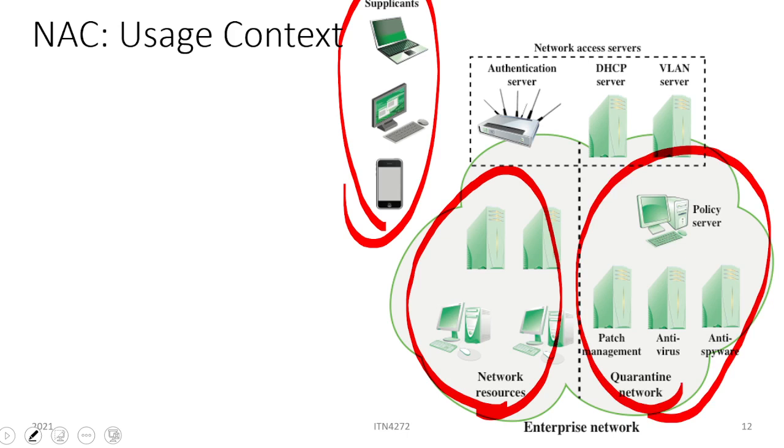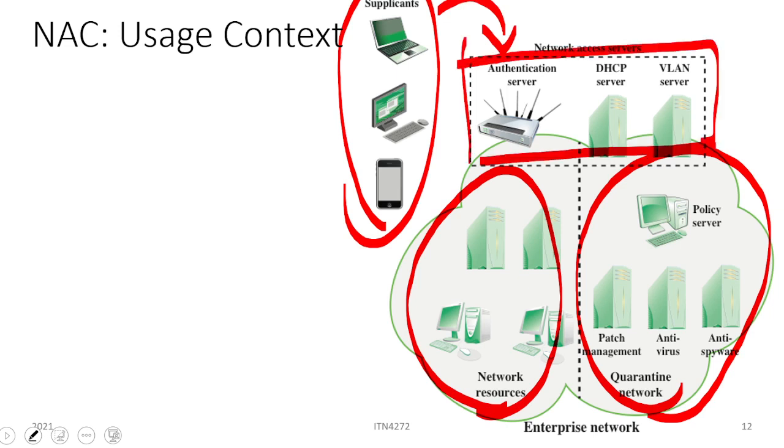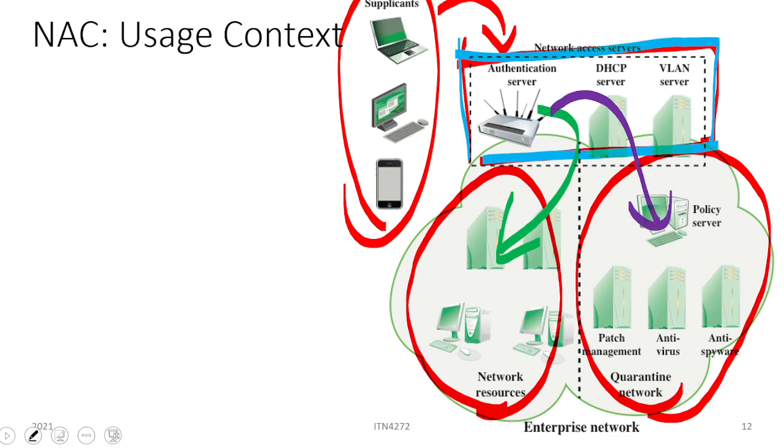So the idea is any access request would come through the network access servers, and based on the access determination, if they are authenticated or not, they may gain access to either the network resources, or sometimes they may be put into the quarantine network.